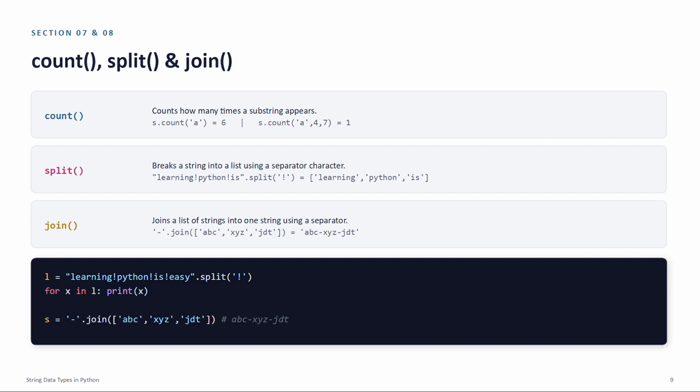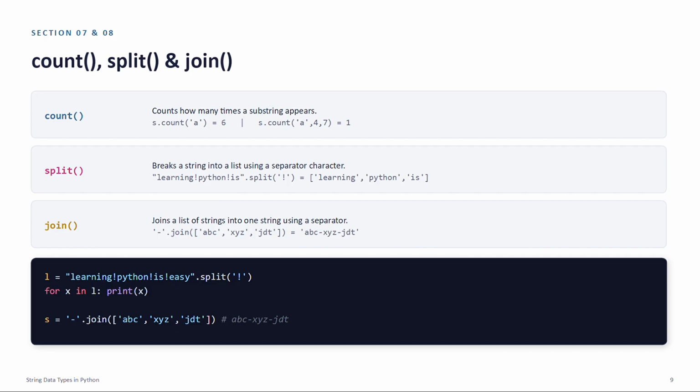So I hope you get how the count, split and join functions work in Python. Split splits the string with the help of a particular separator, and join helps to join the values, or strings, with the help of a separator. They are completely opposite of each other.